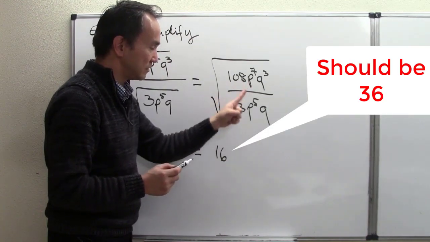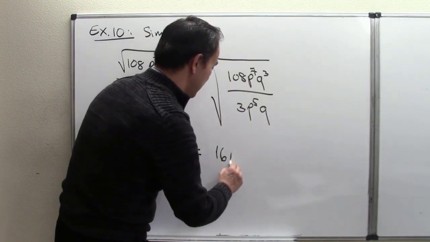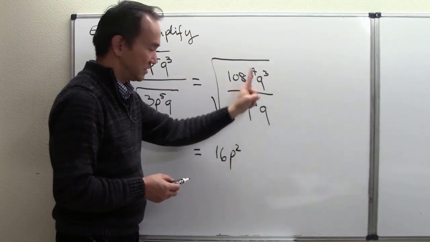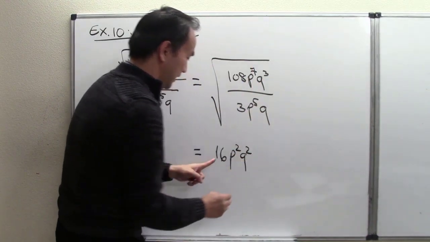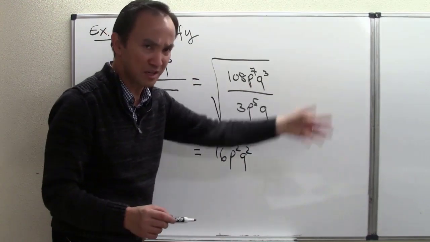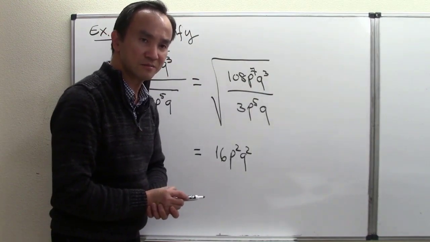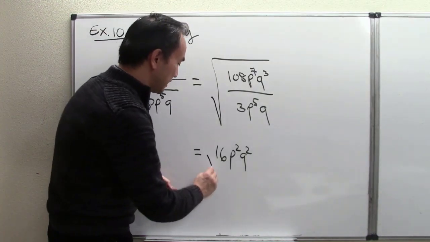P to the 7th cancels with P to the 5th, giving me P squared. Q cubed cancels with Q, giving me Q squared. These cancellations I've been showing should be completely within your experience and learning. And so now we take the square root of that.